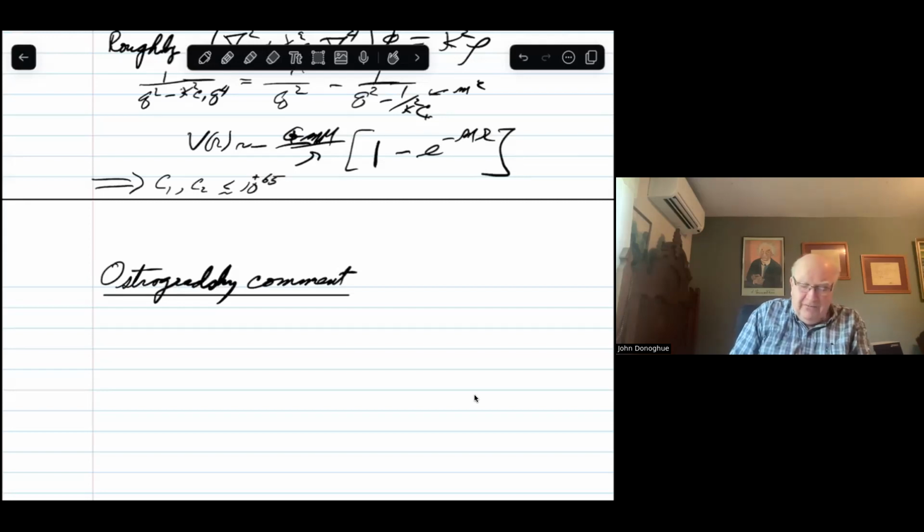The phrasing goes under the name Ostrogradsky. Ostrogradsky was a Russian mathematician from around 1850, who looked at higher derivative theories, trying to get Hamilton's equations out of higher derivative theories. And when you do this, you have extra degrees of freedom, just like we see there. And he chose those to get Hamilton's equations to work.